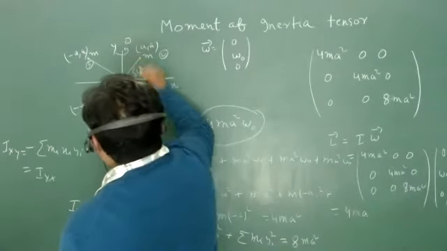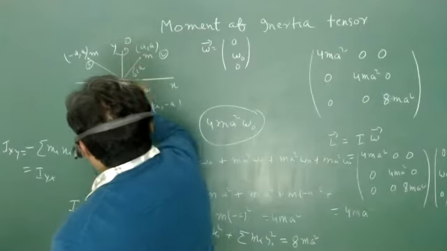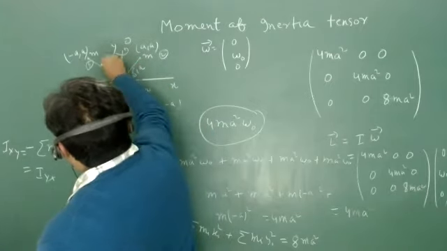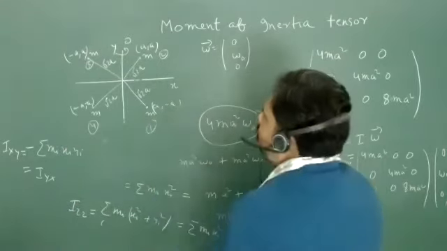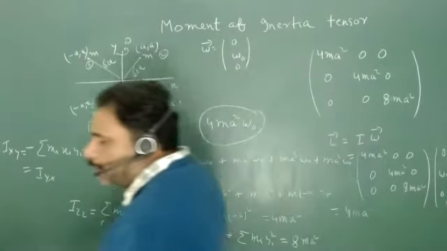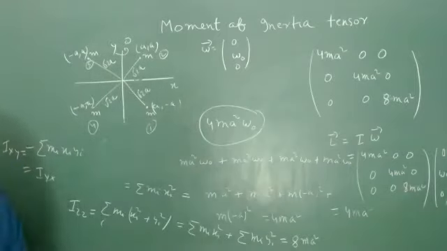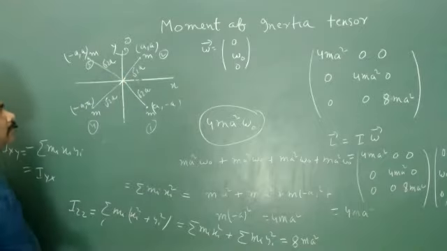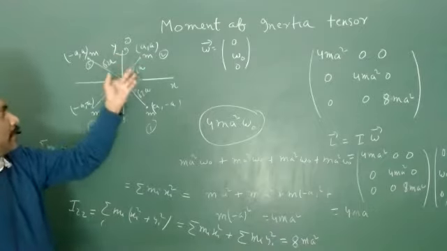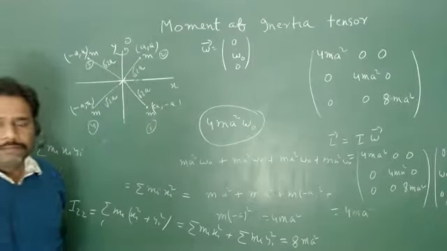Root 2a. So you have all these distances as root 2a, and you can easily calculate this particular thing. If I am talking about your moment of inertia about this axis, this is your perpendicular distance.